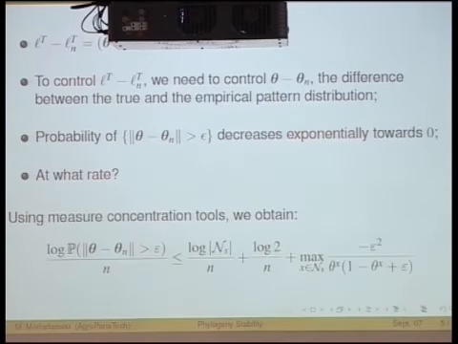So to control the difference between these two log likelihoods, I need to control this vector theta minus theta n, which is the difference between the true and empirical pattern distributions. And large deviation theory tells us that the probability of this vector being big, let's say larger than a given epsilon, decreases exponentially towards 0.